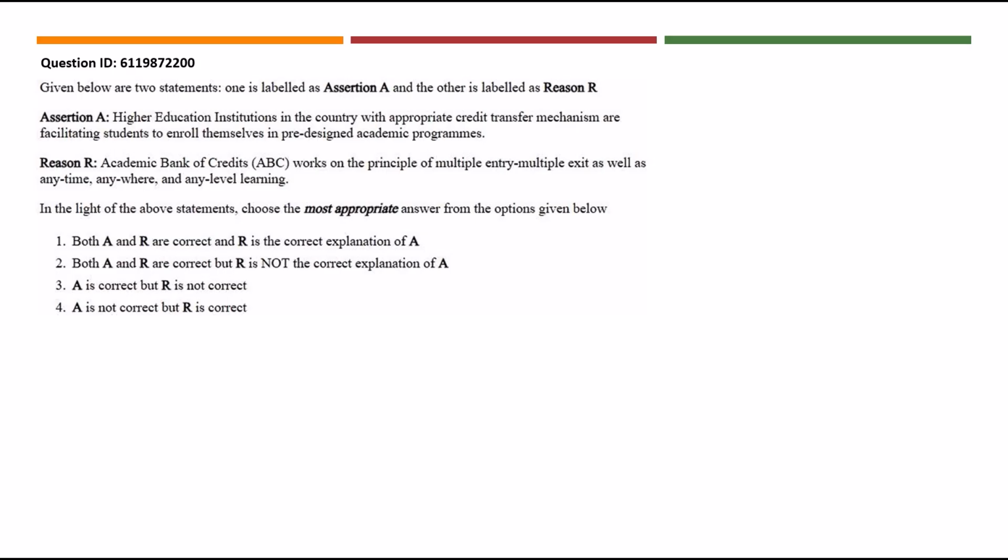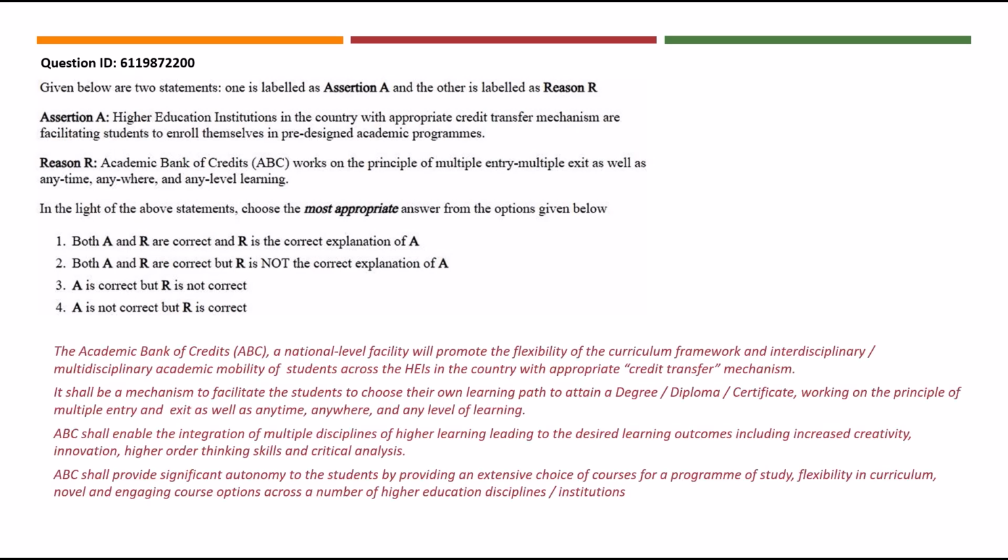Academic Bank of Credits works on the principle of multiple entry, multiple exit as well as anytime, anywhere and any level learning. We have to know about the ABC first. The Academic Bank of Credits is a national level facility that is used to promote the flexibility of the curriculum framework and interdisciplinary or multidisciplinary academic mobility of students across the higher education institutions in the country with appropriate credit transfer mechanism.